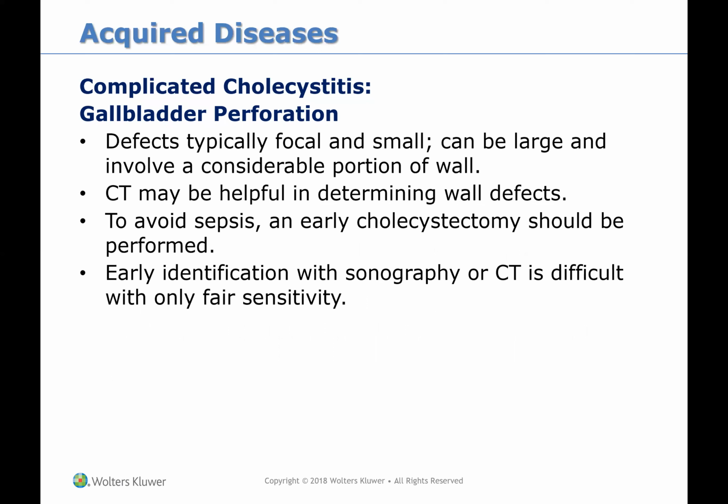The defects in gallbladder perforation can be focal and small, but they could be large, and CT may help with this. The best way to avoid sepsis and mortality is just taking the gallbladder out as soon as possible.